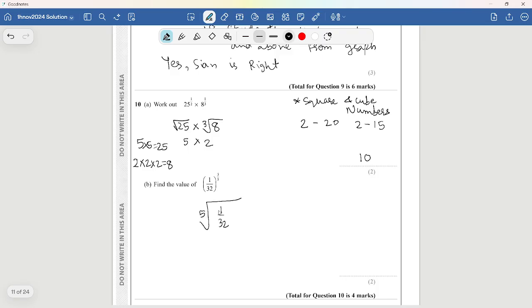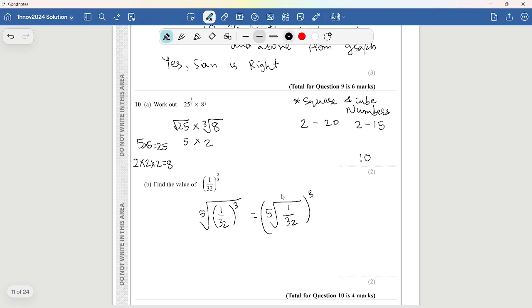That will go as a power. So the fifth root of 1 over 32, power 3. This is equivalent to saying the fifth root of 1 over 32, whole power 3. This is another way of writing the same expression.